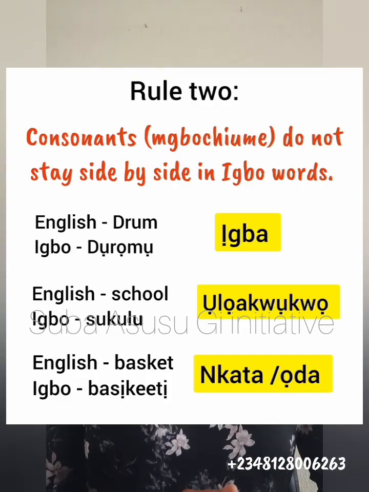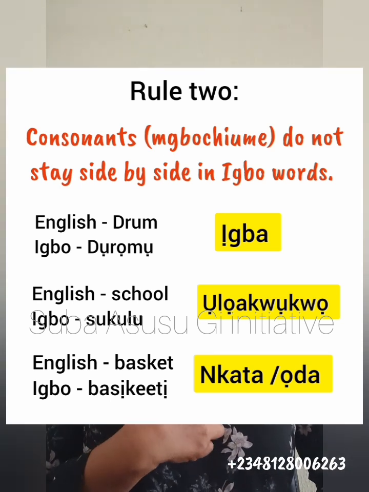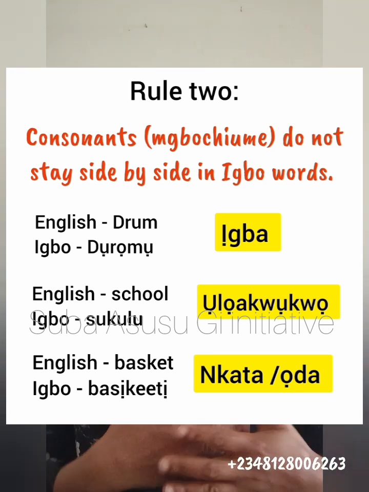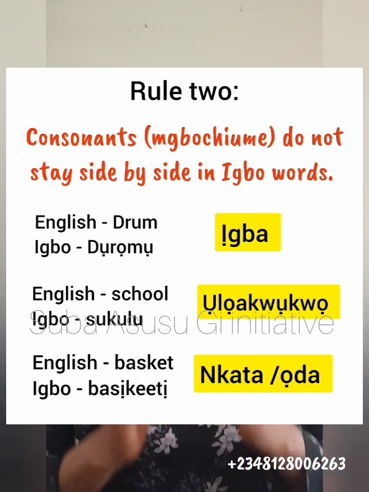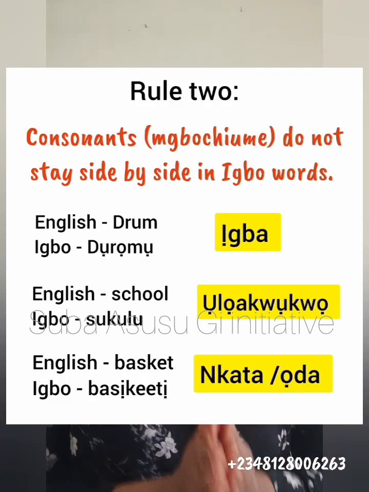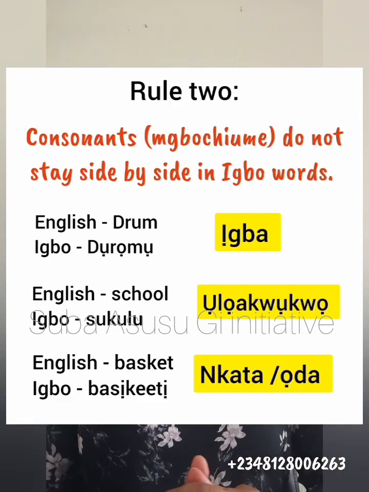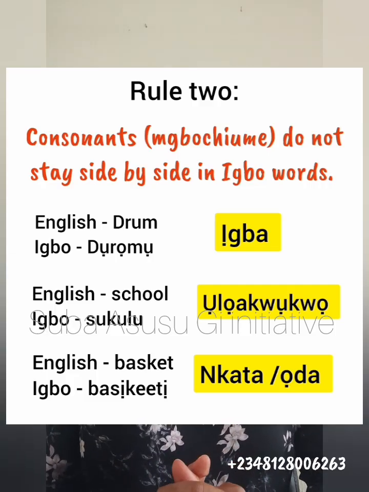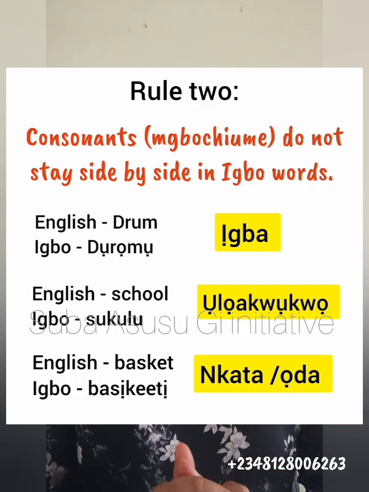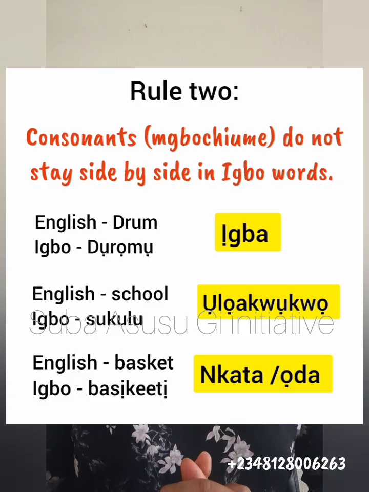So if I am to say the word drum with my Igbo accent, my accent is going to introduce vowels to separate the consonants for me, to help me pronounce the word properly. So as an Igbo person, my Igbo accent, the original Igbo accent, is going to pronounce that word as doromo.